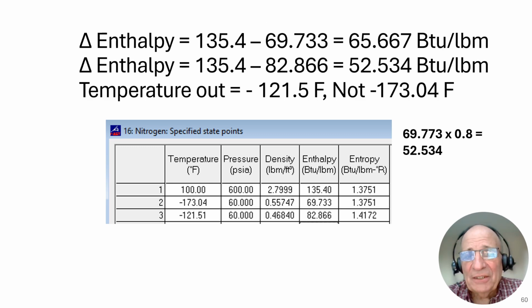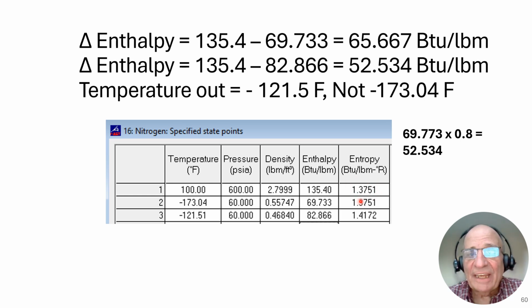Now let's do the thermodynamic analysis. We know that we need two intensive properties for the inlet of the expander, and we have them here, 100 degrees Fahrenheit and 600 psi absolute. Once we put those in, the rest of the row populates, and we see that we have an entropy of 1.3751.